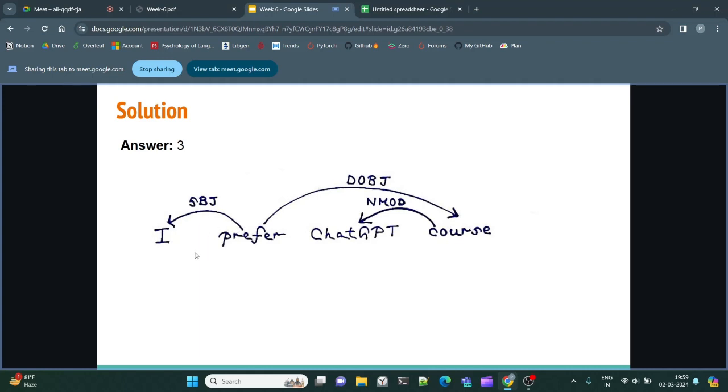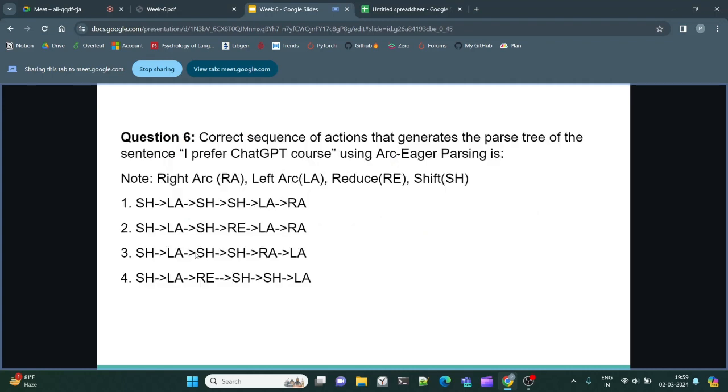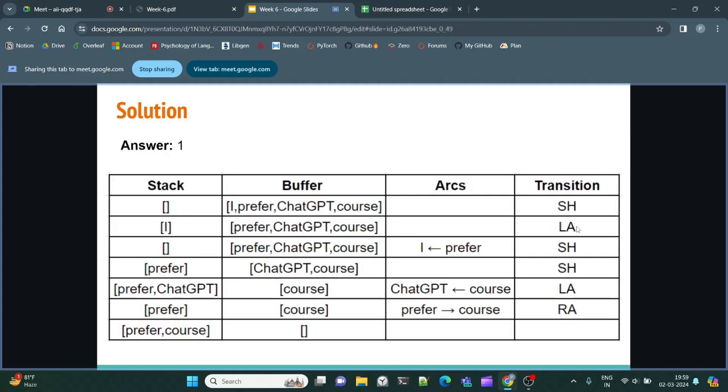So what I can do in this case is take a left arc from prefer to I, and do a left arc transition. As a result, I is removed from the stack. The buffer remains as it is, and this is the arc that I've added, prefer to I. This is my current intermediate configuration.